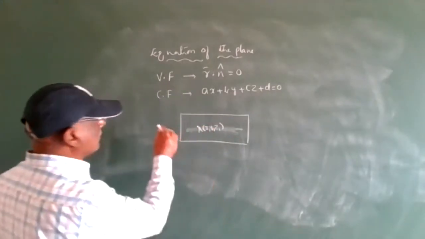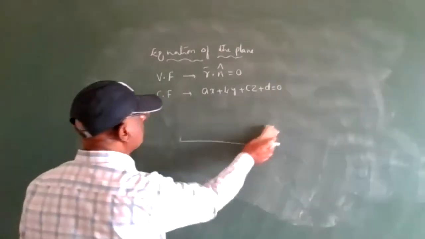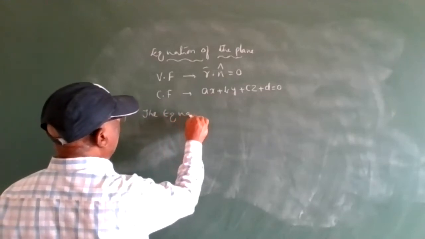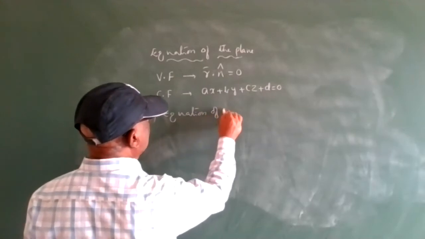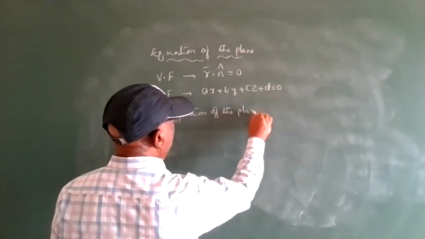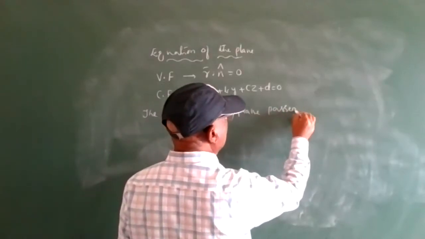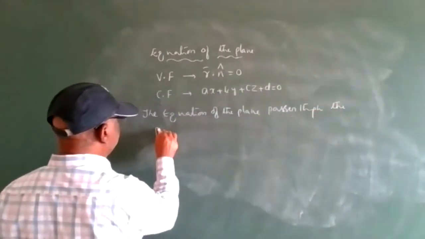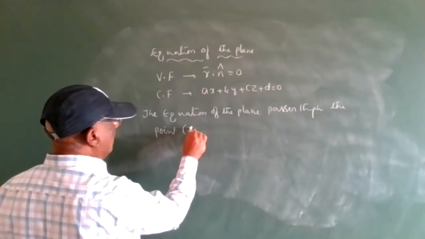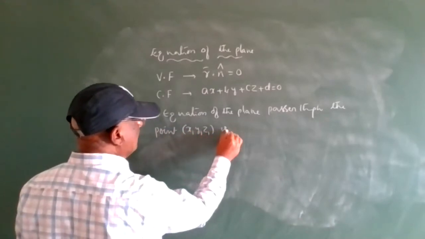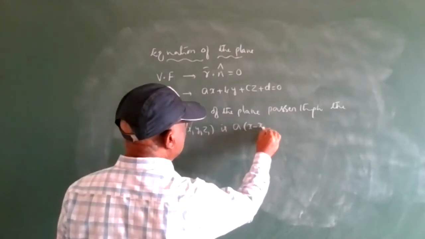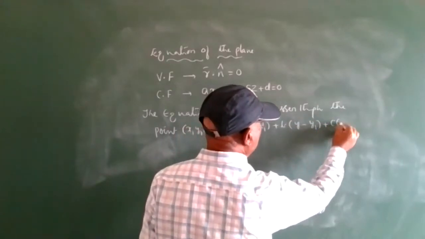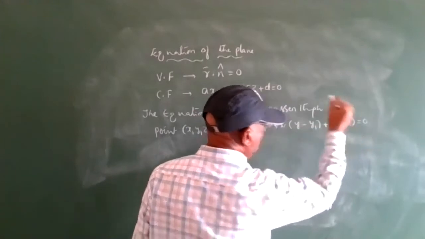Now I will write the equation of the plane. The equation of the plane that passes through the point (x1, y1, z1) is a into (x minus x1) plus b into (y minus y1) plus c into (z minus z1) is equal to 0.